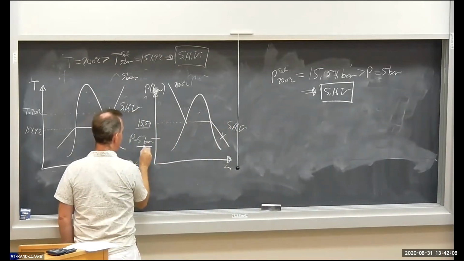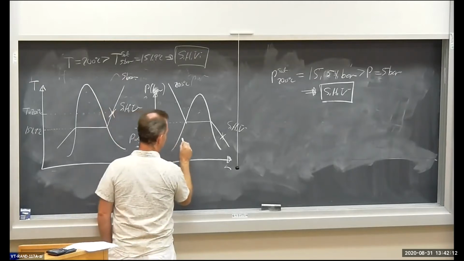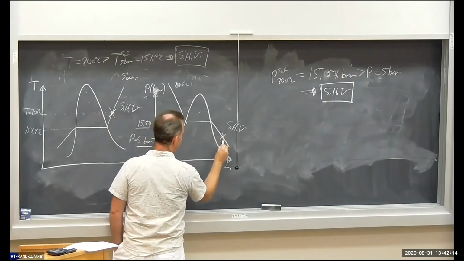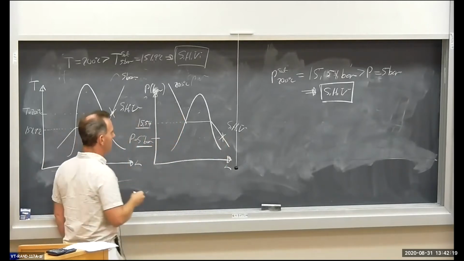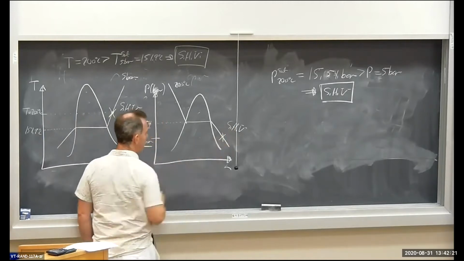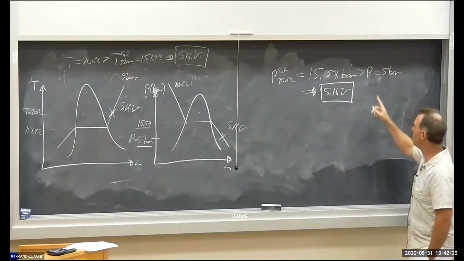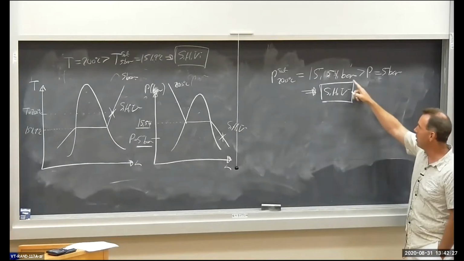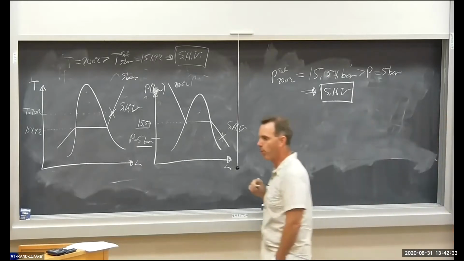We're at 5 bar. Intersection of my 5 bar isobar and my 200 degree isotherm gives me the state, superheated vapor region. Another way of saying that is our pressure, which is 5 bar, is below the boiling pressure at 200 degrees, superheated vapor.